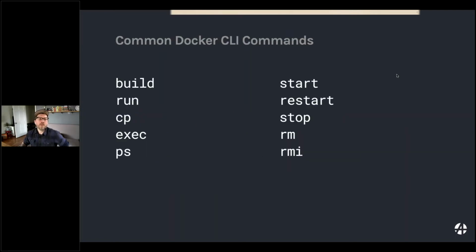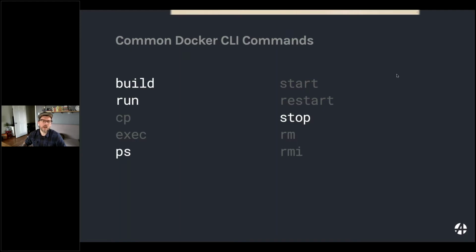So, some common Docker CLI commands. There are a lot more than these, but we're going to focus on these ones today. The build command, which I just showed, is how you build an image from a Dockerfile. Run is how you create the container and start it. It's basically doing a create and a start. PS will allow you to list all the containers that are running on your machine.